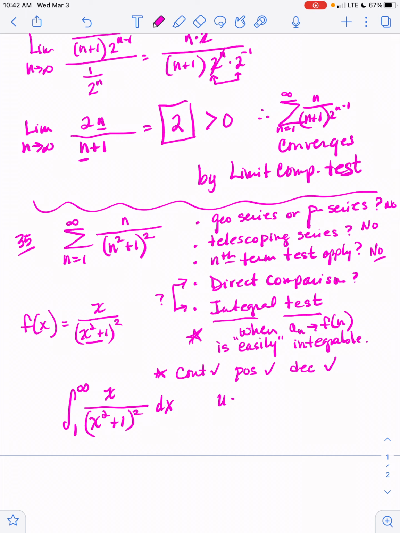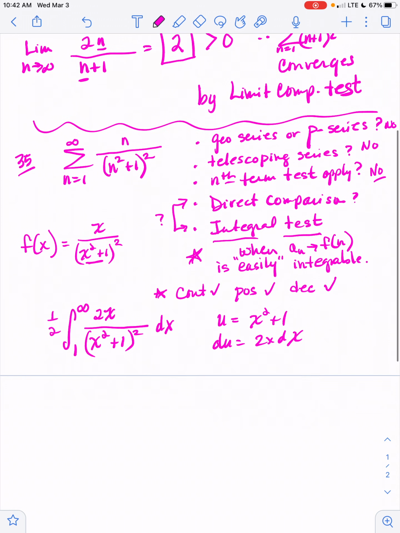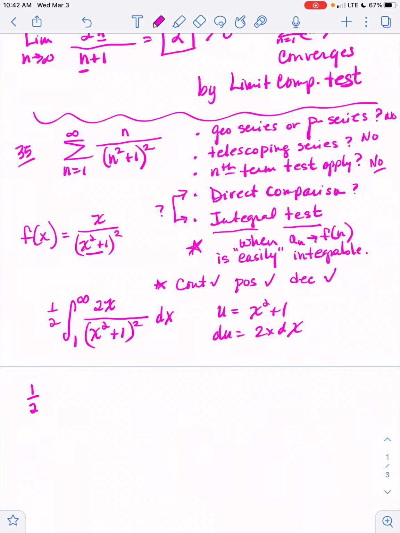I'm going to say u is equal to x squared plus 1. Du would be 2x dx. I don't have a 2x dx, so I'm going to manage that. So now I'm going to keep that 1/2 out. Of course, in order for me to actually evaluate this, I need to rewrite it as a limit problem. And I'm going to leave it like this.